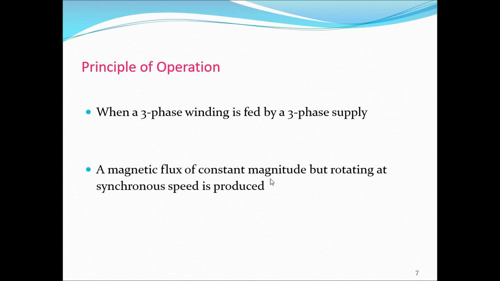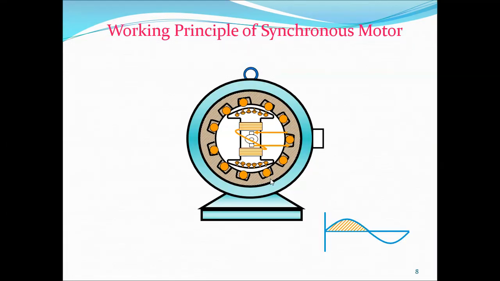The resultant flux is 1.5 times the maximum flux, rotating at synchronous speed, as shown in the last figure. Here this is the north pole and this is the south pole of the stator poles.